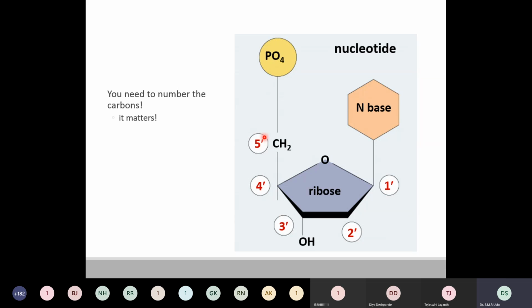Phosphate is attached to the 5' carbon of the sugar, and this is the nitrogenous base. The 3-hydroxyl group is free. So we are more concerned about the 3-hydroxyl group and the phosphate group attached to the 5' carbon.